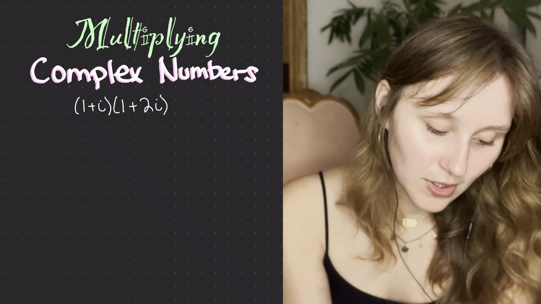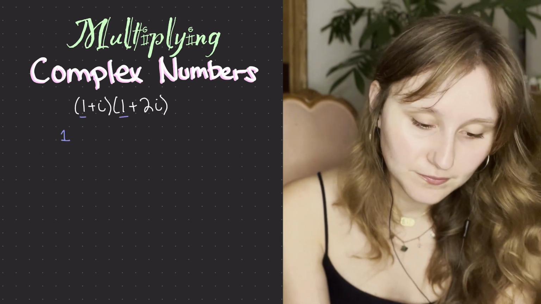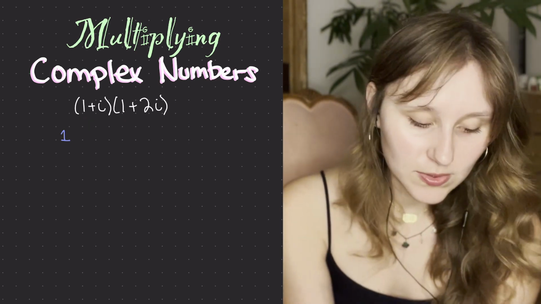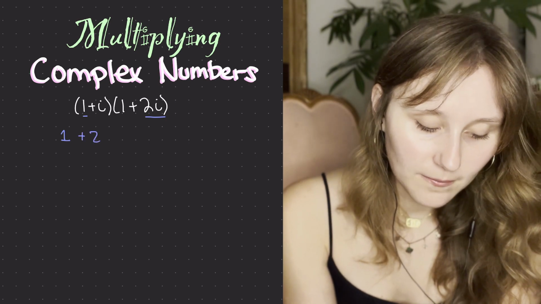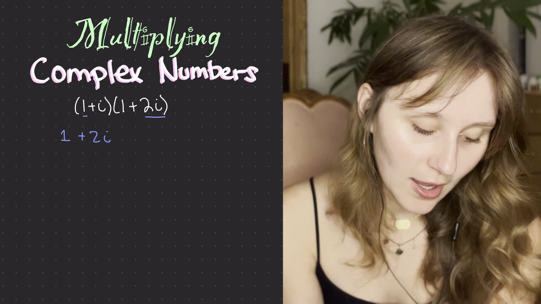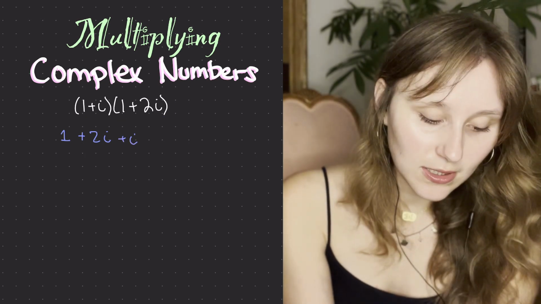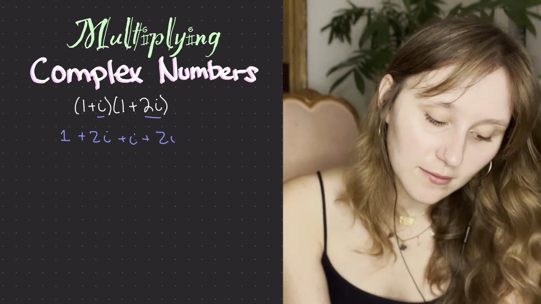Anyways, so 1 times 1 is going to be 1. And then we do outer. So we do 1 times 2i, which is 2i. Got it? i times 1 is going to be plus i. i times 2i is going to be plus 2i squared.